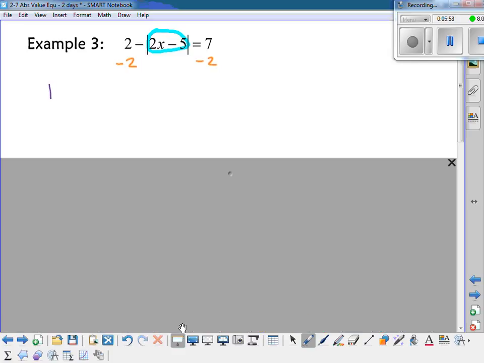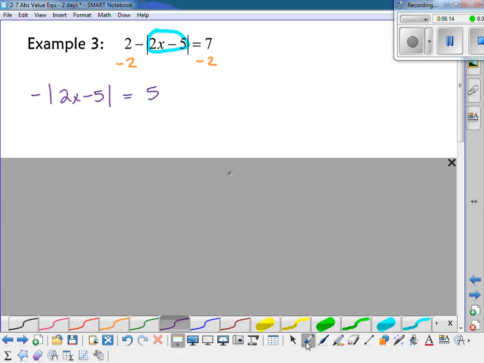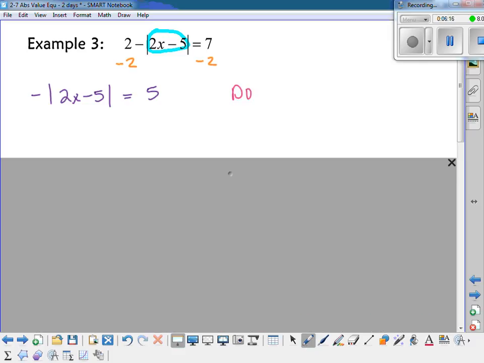Now I have a negative sign outside the absolute value of 2x minus 5, and that's equal to 5. Okay, now like we said yesterday, you do not distribute when you have absolute values.